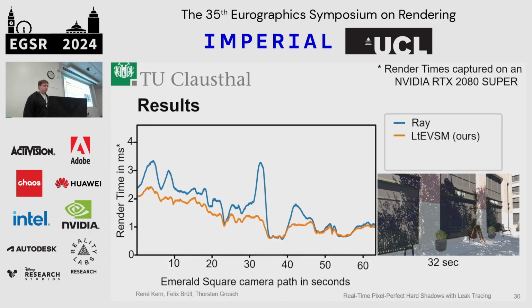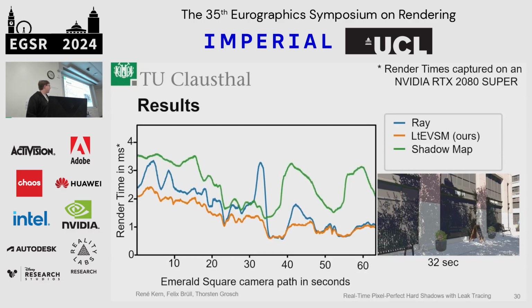With our leak tracing, we are able to be much more stable in time, and especially don't have these huge peaks for alpha tested geometry. And as you see, in the worst case, we are as fast as the normal ray trace shadow.